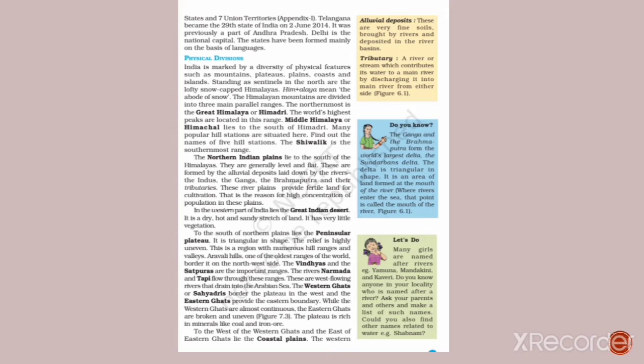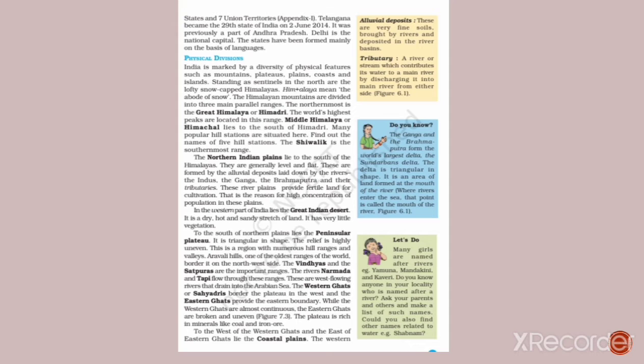The rivers Narmada and Tapi flow from them and these are west flowing rivers and they finally drain into the Arabian Sea. And to the west of the plateaus come the Western Ghats, also known as Sahyadris, and on the east come the Eastern Ghats.